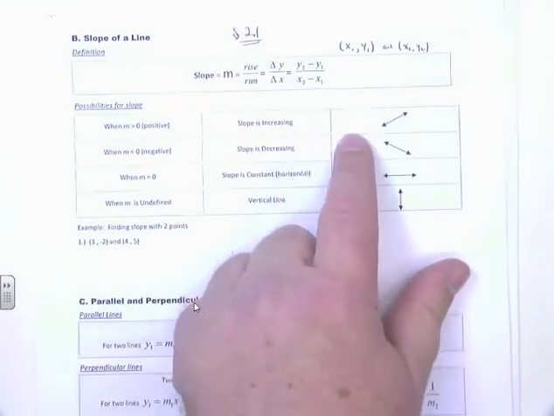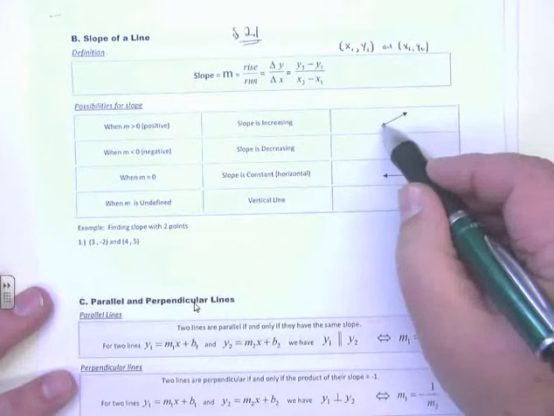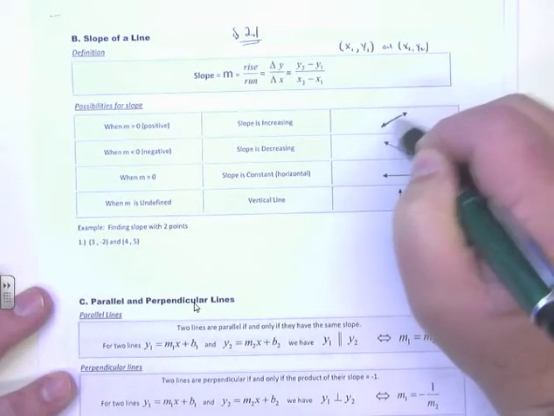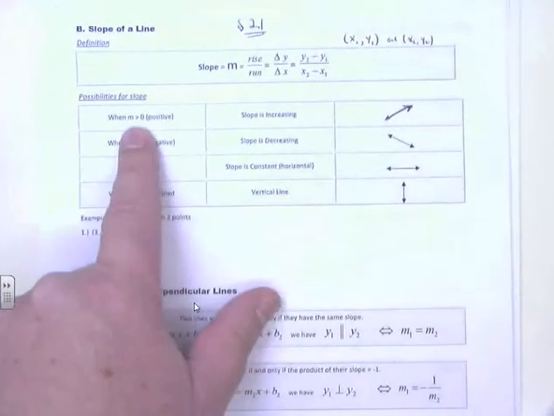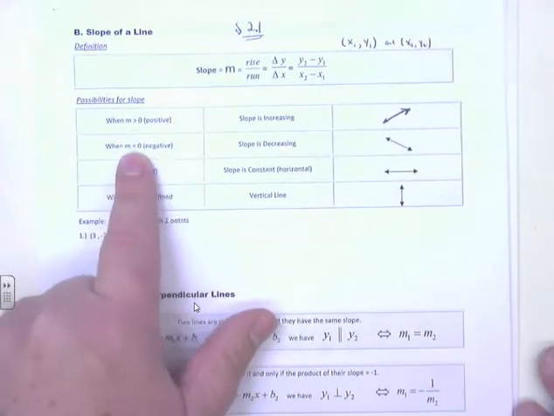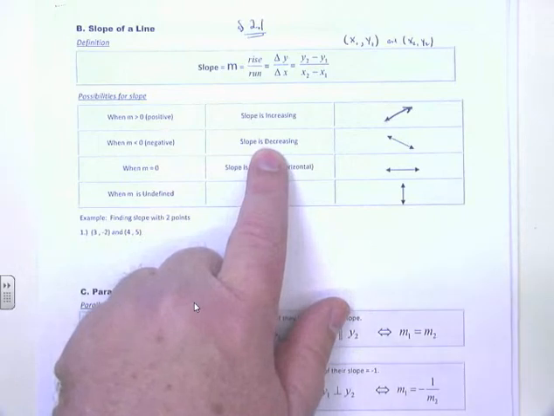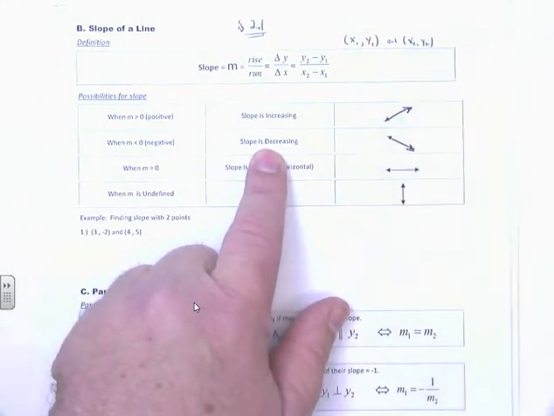We draw a little arrow going left to right, but you read the graph from left to right. So if I read it from left to right, you'll notice that the graph will be going up if the slope is positive. If the slope is negative, that would be a decreasing slope, aka the line would be going down from left to right.